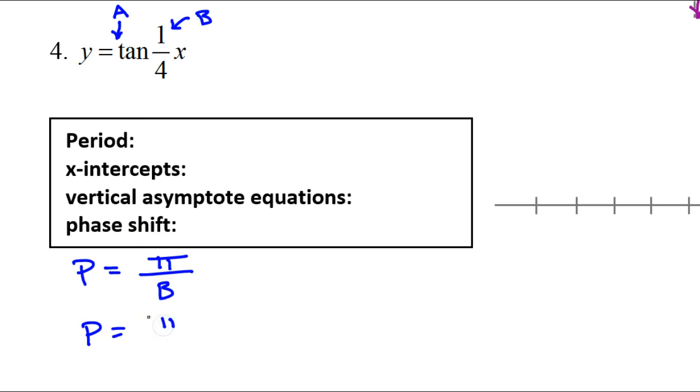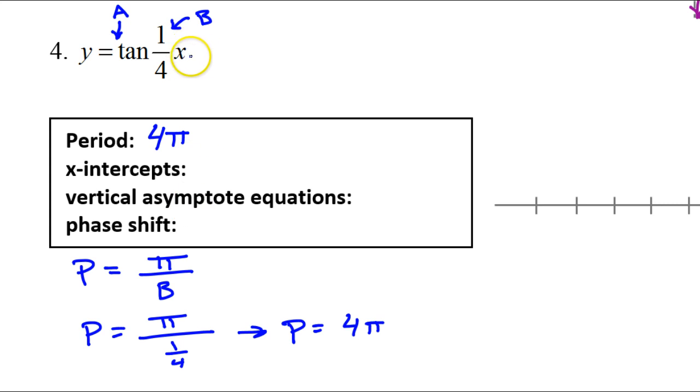So that's why I'm going to do pi over 1/4. But the way you divide by a fraction is you multiply by the reciprocal. So the period is going to equal 4 pi, because I'm multiplying by 4, multiplying by the reciprocal. So the period is 4 pi.